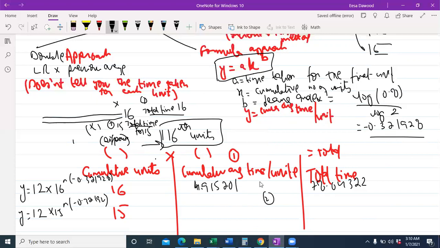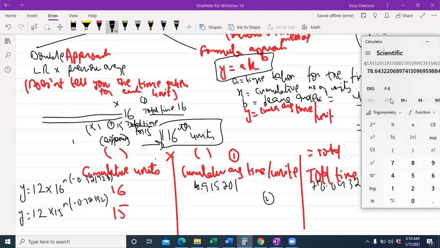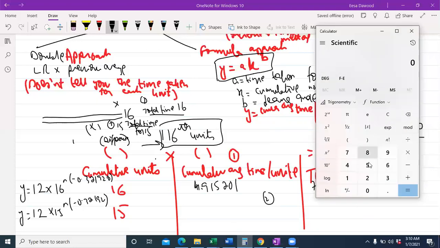So I'm looking for the second working now. It will be 12 into 15 raised to the power minus 0.321928 equals this.